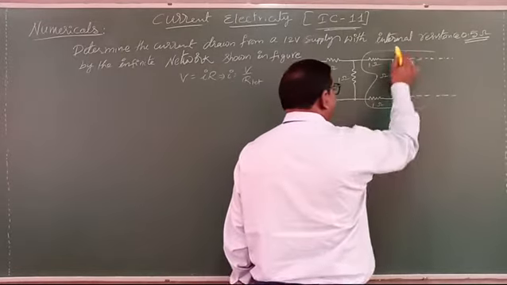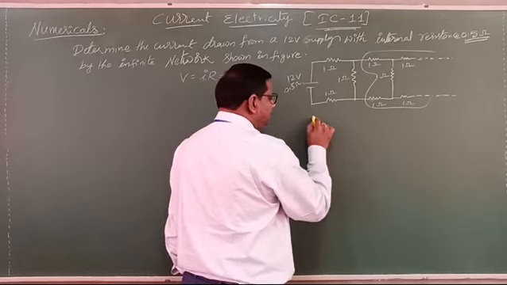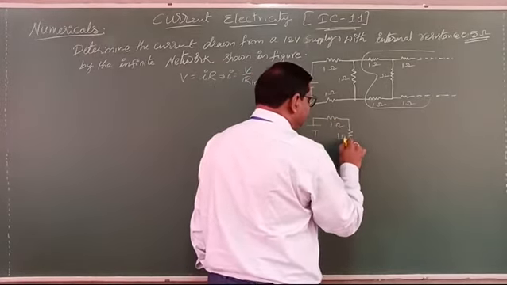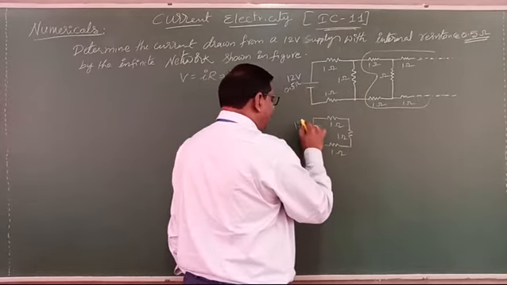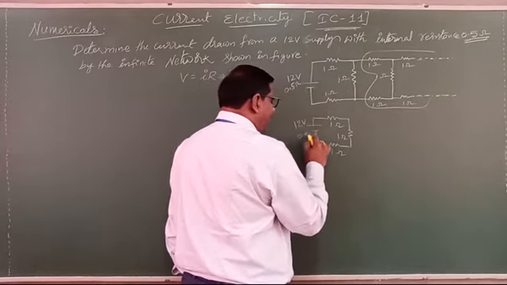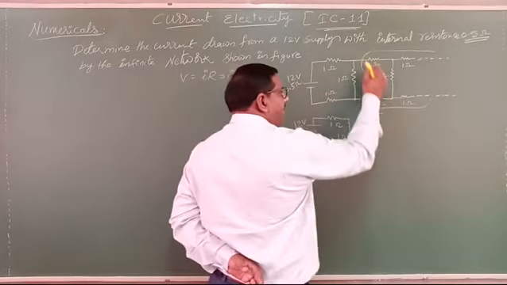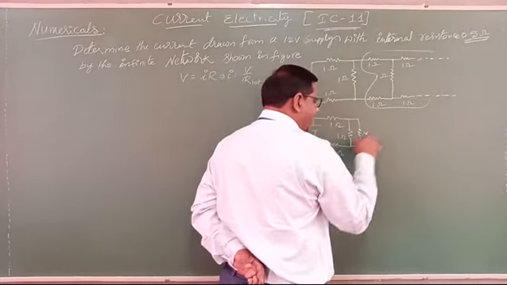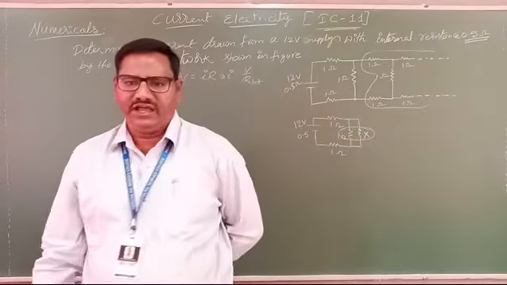This I will treat as X. Then the circuit becomes here 1 ohm, here 1 ohm, here 1 ohm, here a 12 volt battery and a 0.5 ohm internal resistance. Now up to here we don't know, that's why I write it as X. Now these two, in which combination are they?